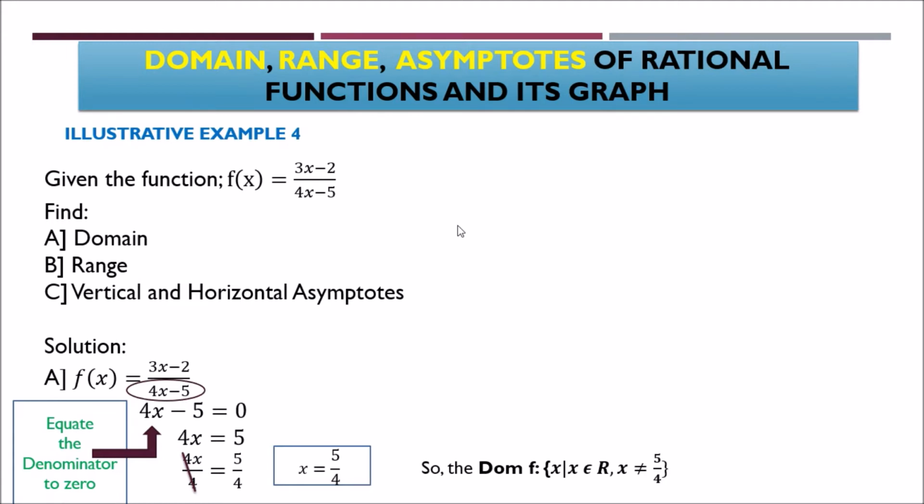So that is why we will not include the value 5 over 4 in the domain of our function. Meaning, all real numbers except x equals 5 over 4. So again, that's how we write the domain of our given function.